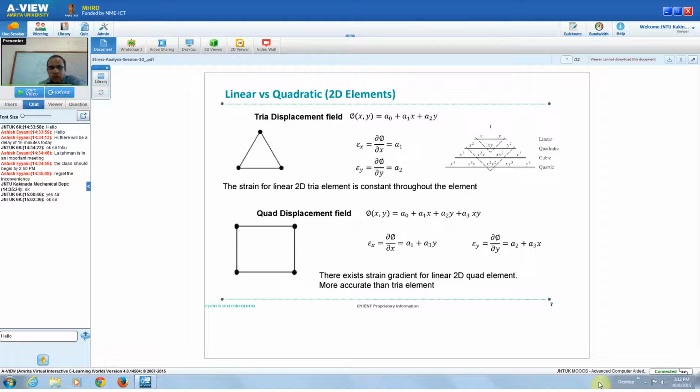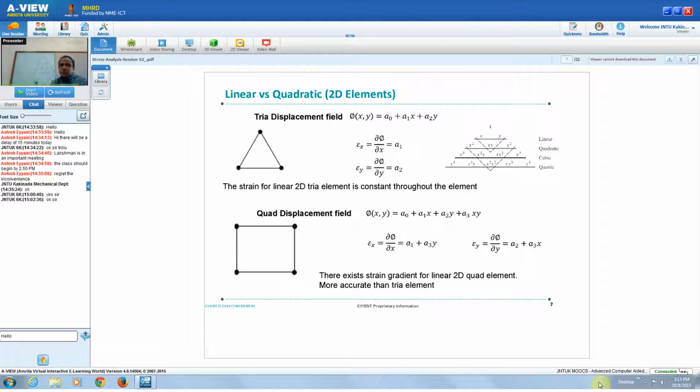So now coming to triangle elements. For triangle elements, the displacement field, we can directly take this factor.